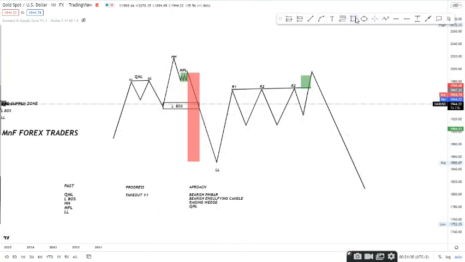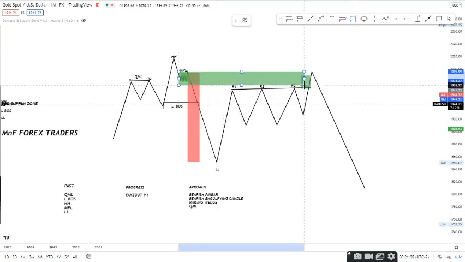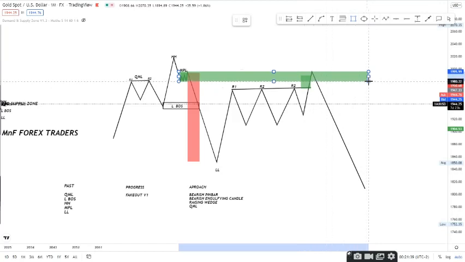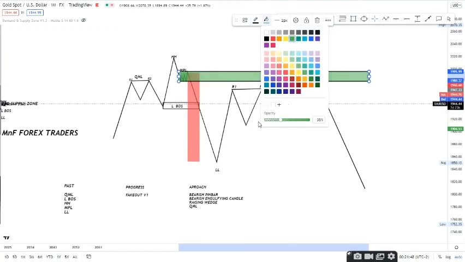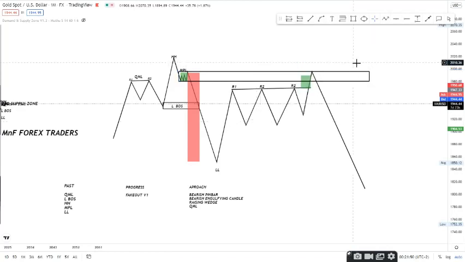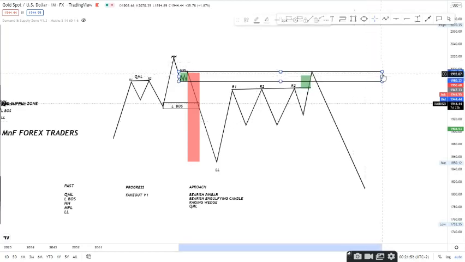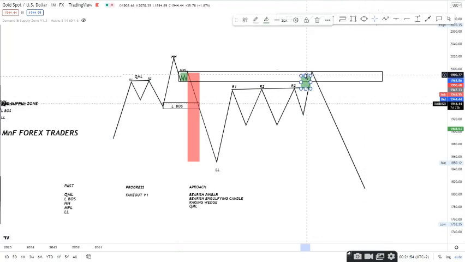So we're going to grab that, extend it to the right side. This is your order block, and we literally just wait for the market to come to this level, because this is a bearish order block.